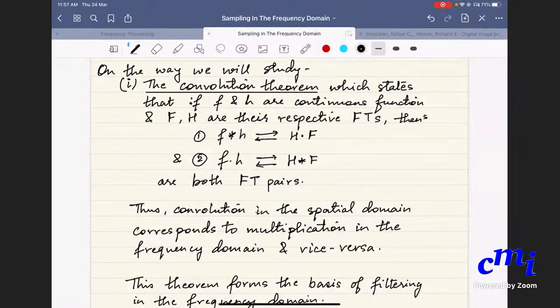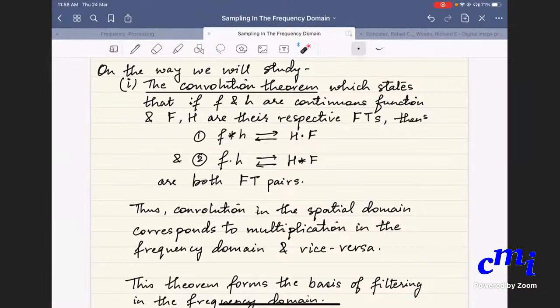The convolution theorem states that if you have two continuous functions f and h, or two continuous signals f and h, and if capital F and capital H are their respective Fourier transforms, then the following two pairs are Fourier transform pairs: f star h, which means f convolved with h, and H dot F, which means H multiplied with F, pointwise multiplication.